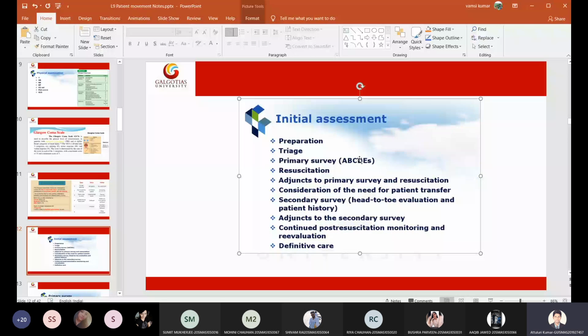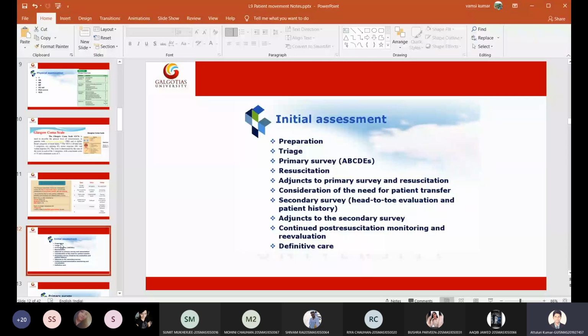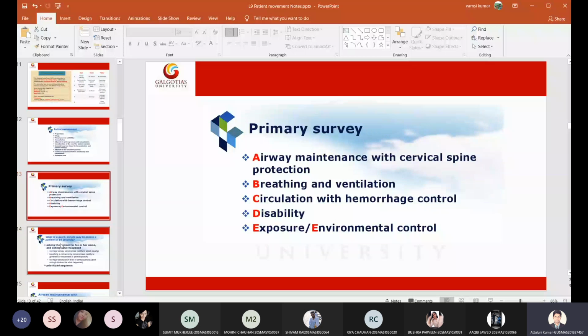So we need to see ABCDE, and we should start giving resuscitation, that means external CPR to the patient. Then the second protocols include an AED, which can be given if the patient is not responding. So these are the parameters for managing the patient. So ABCDE, once again: airway maintenance, breathing and ventilation, circulation, disability, and exposure or environmental control.